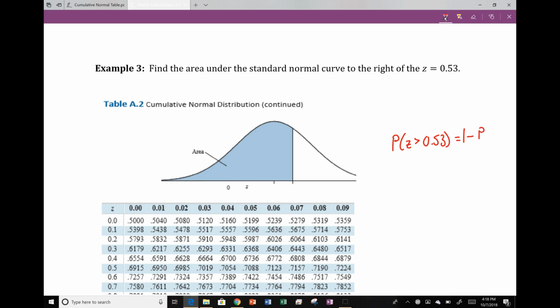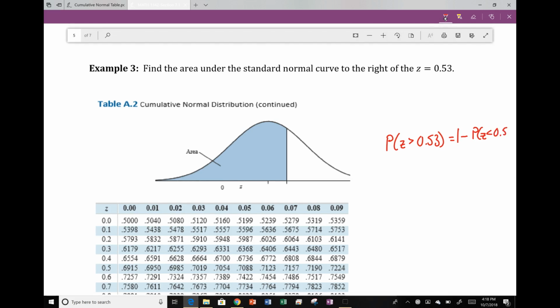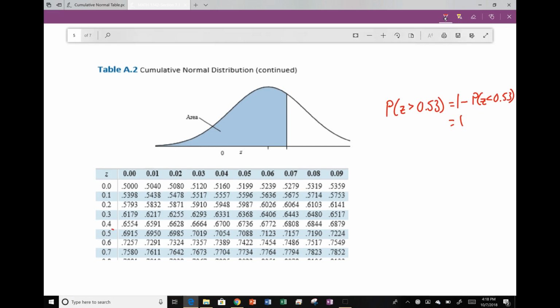I look up 1 minus the probability that z is less than 0.53, because we know how to look up to the left, the less than. So 0.5 is here on this row, and the 3 is here. So I'm going to do 1 minus 0.7019, which is going to give me 0.2981.